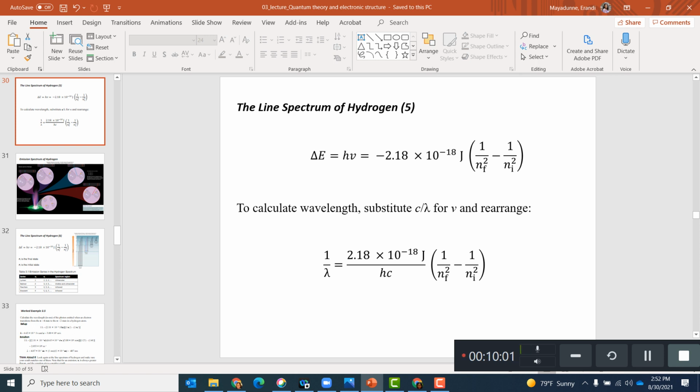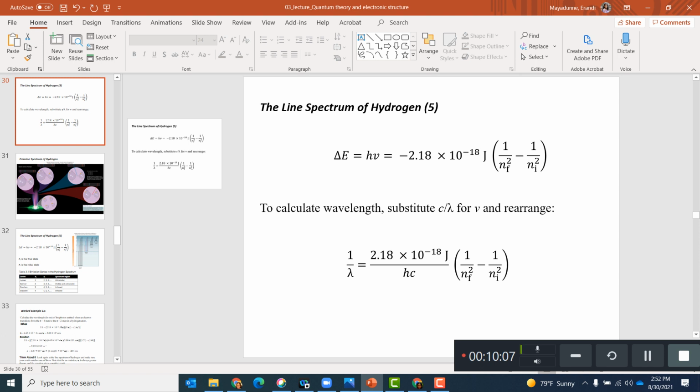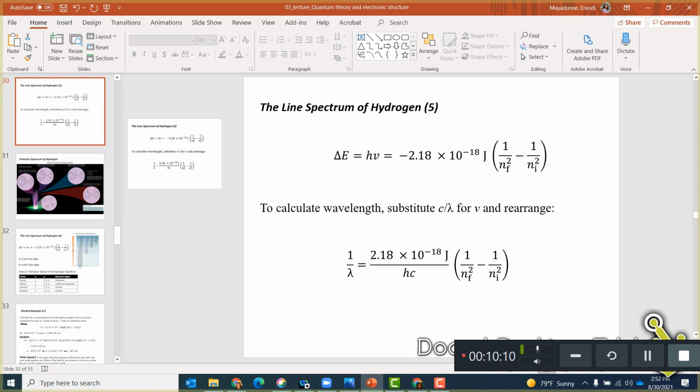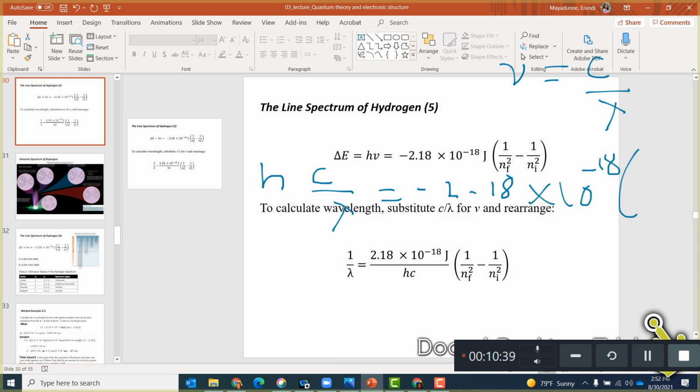So now how do you substitute with lambda? Nu equals c over lambda, okay? So instead of h nu, you write h c over lambda equals negative 2.18 times 10 to the power negative 18, 1 over final squared minus 1 over initial squared, like that part.